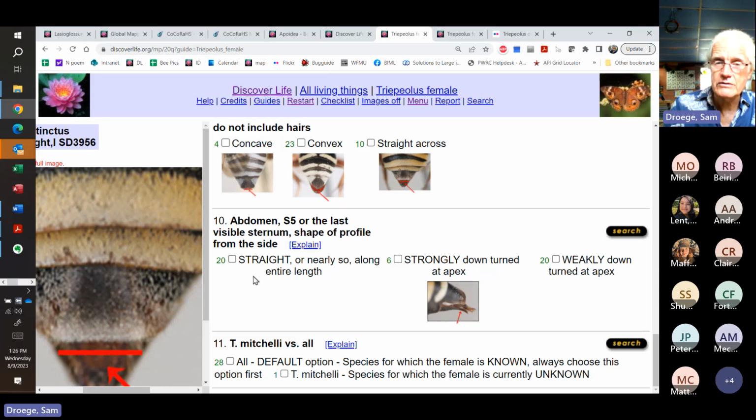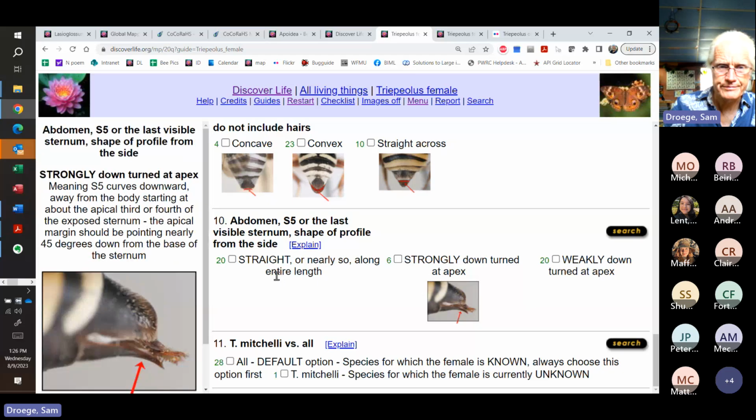And for some reason, I think because Molly had these, we don't have these characters. But what you do is you turn the specimen sideways, and you're looking at S5, basically the last of the segments. We'll pull this one up here, and you're asking what's the shape on this segment. So straight, in other words, straight across, which you don't have illustrated here.